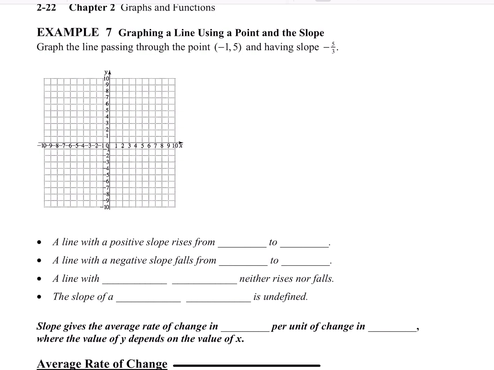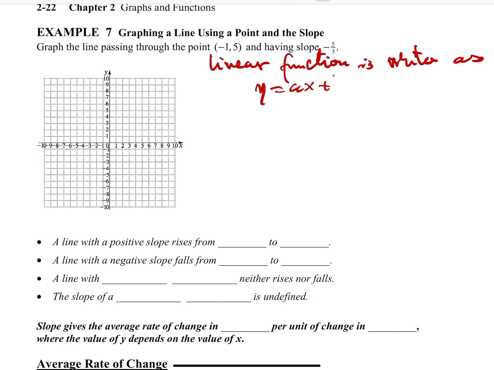Rewrite the equation. Since the slope is given, the linear equation is written like this. Linear function or linear equation, it doesn't matter. A linear function is written as y is equal to 8x plus b.